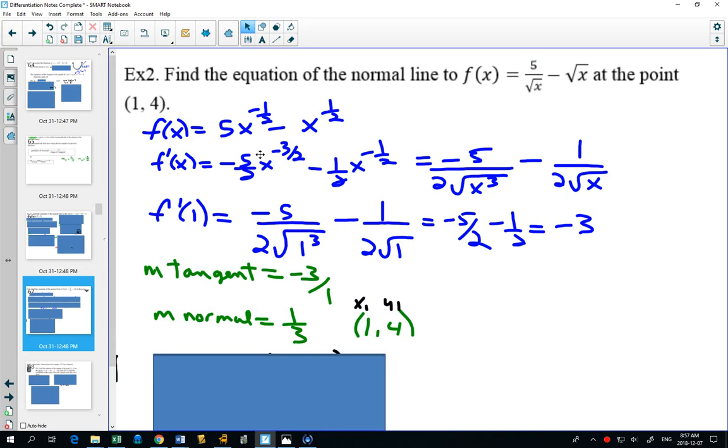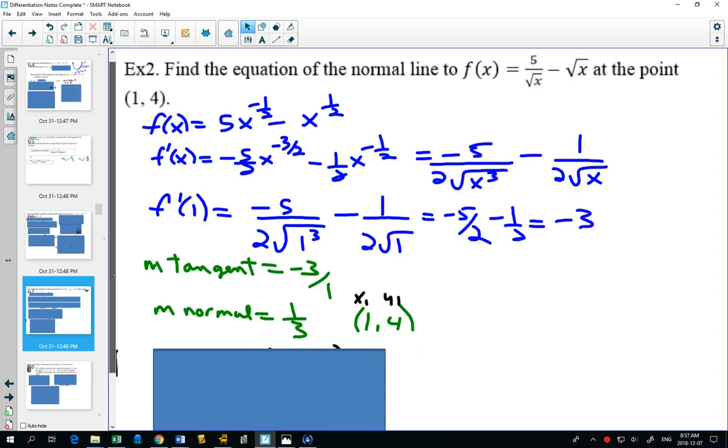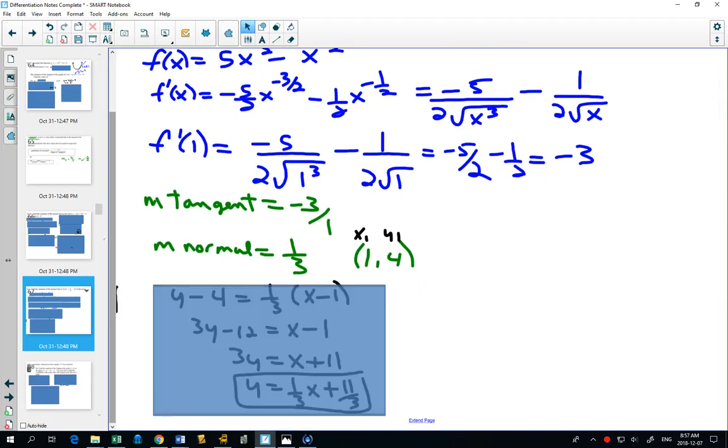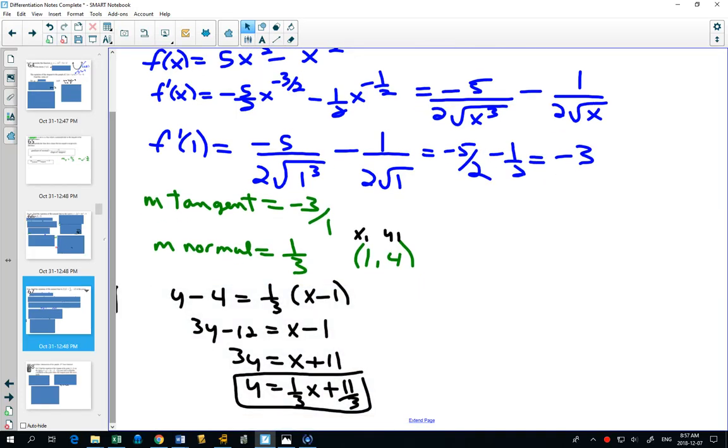Again, it's nice to write out that our slope of our tangent line is -3. That means the slope of my normal is going to be positive 1/3. And then once you have a slope and a point, you can plug it into the point slope form, or you can plug it into y equals mx plus b.